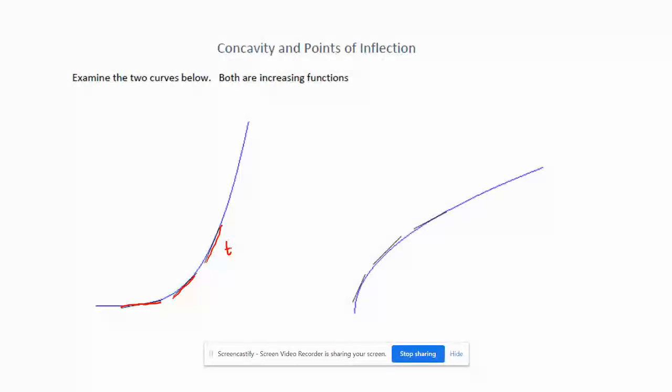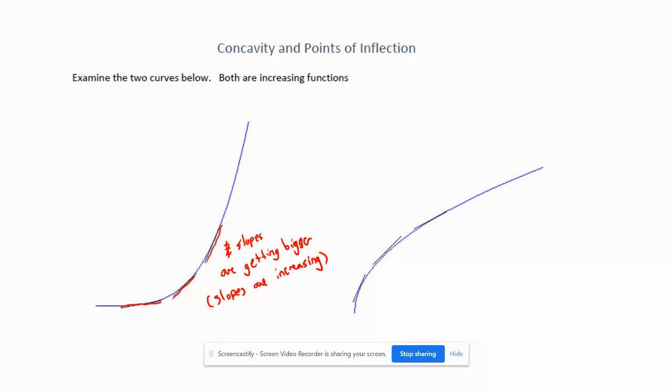So let me say this: the slopes are getting bigger. The slopes are increasing.